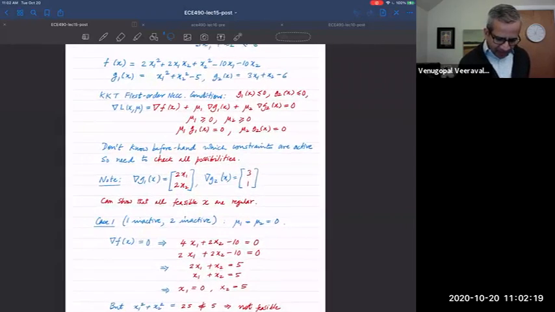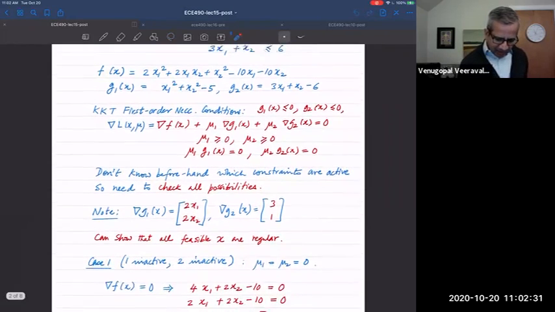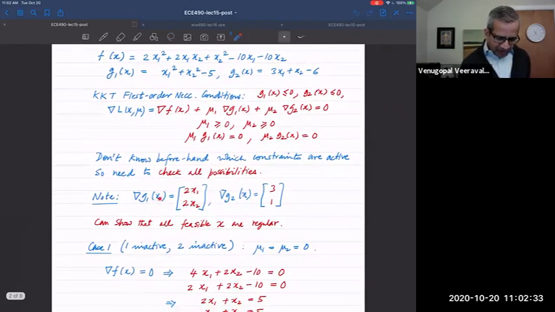So here, if you remember, we were looking to minimize this function with these constraints. And then I mentioned that if you look at the gradient of g1 and g2, it's possible that the gradient of g1 is a scaled version of the gradient of g2.